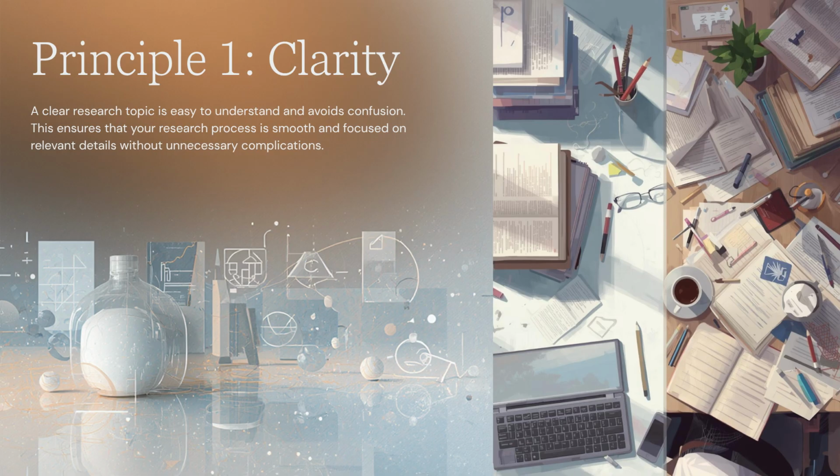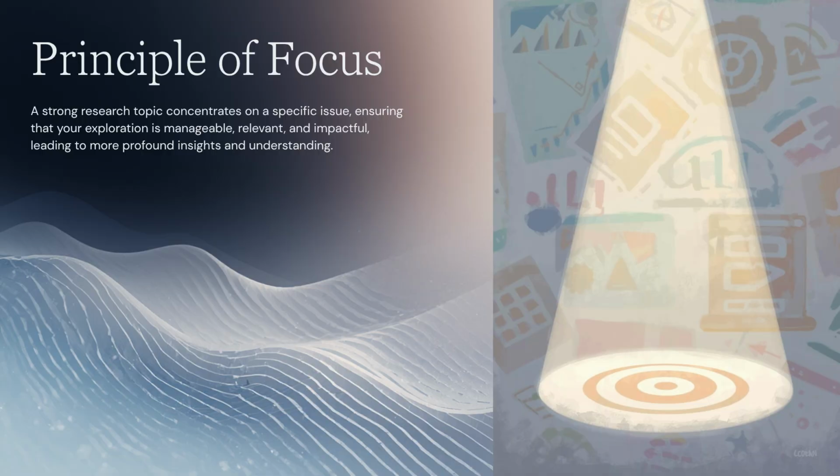The second principle is focus. A strong research topic should concentrate on a specific issue. If the topic covers too many ideas at once, it becomes difficult to organize the research. For example, a topic such as the effects of technology on society is still too broad.